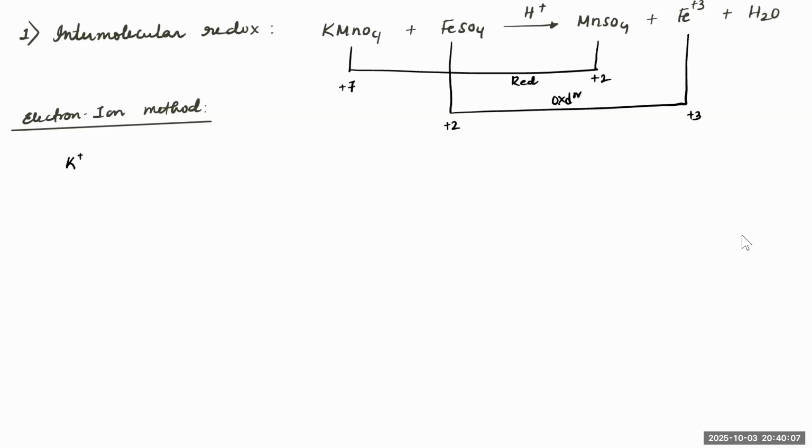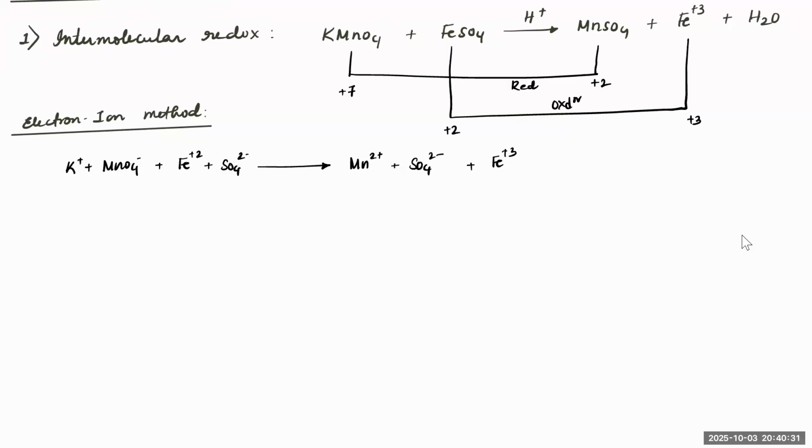For example, MnO4 minus plus Fe plus 2 plus SO4 2 minus, that is giving Mn2 plus plus SO4 2 minus plus Fe plus 3, right? That's it. Water and all is not necessary to write, because that's not an ion. So this is what you would be writing first.